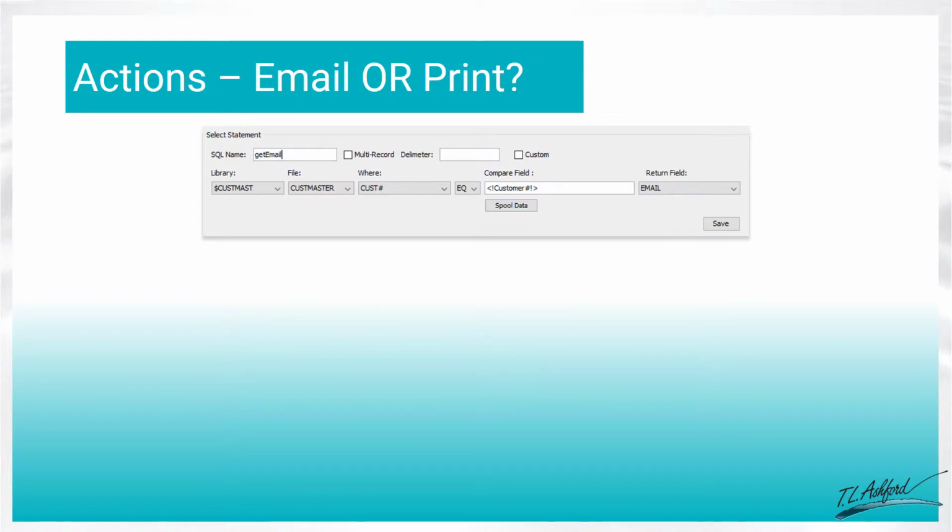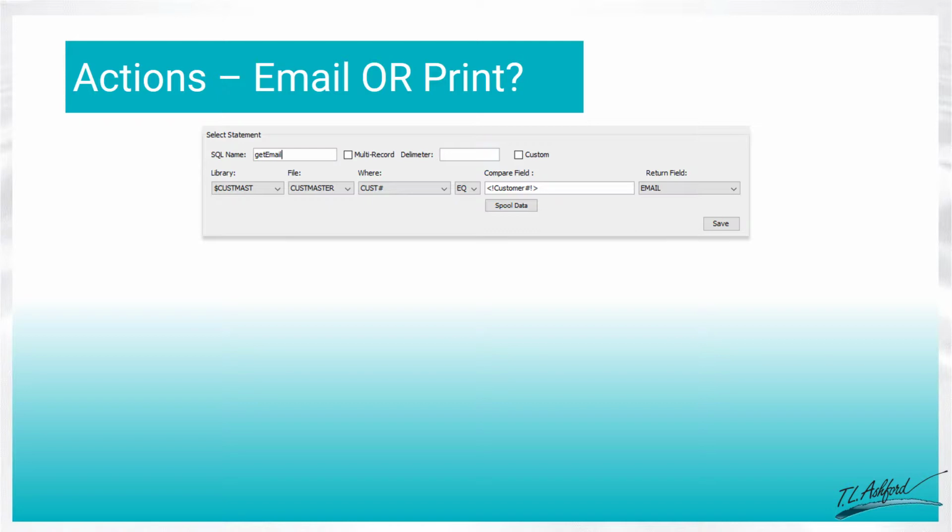I mentioned a cool kind of action you can use to email and or print. So let's say you wanted to email the invoice if you have an email address, but if the email address comes back blank, you want to print the form. So what we do is we create our SQL statement, and this is the exact same SQL statement that we created in our email.